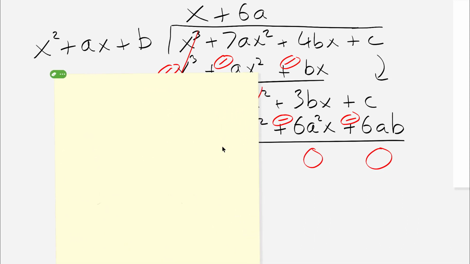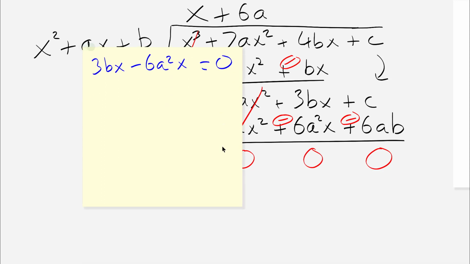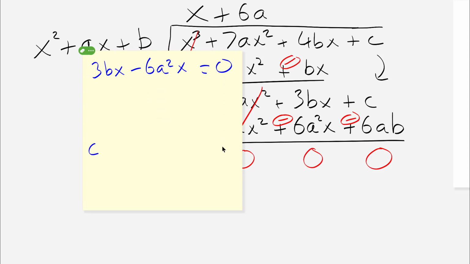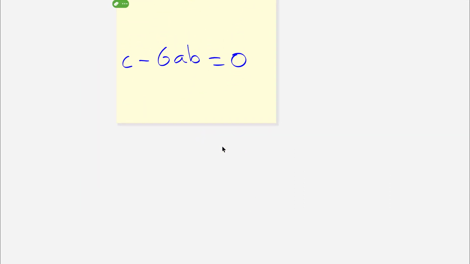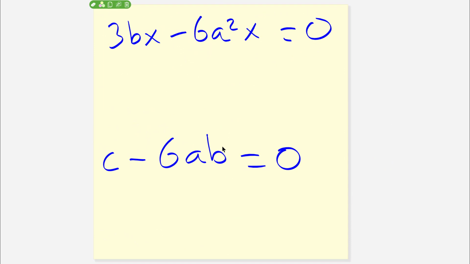So the x column is supposed to tidy up to 0. So this tells me that 3bx - 6a²x is supposed to tidy up to 0. And similarly, c - 6ab is supposed to tidy up to 0. So these are our two equations that we can use, and we can use these equations to help us prove whatever we were trying to prove.